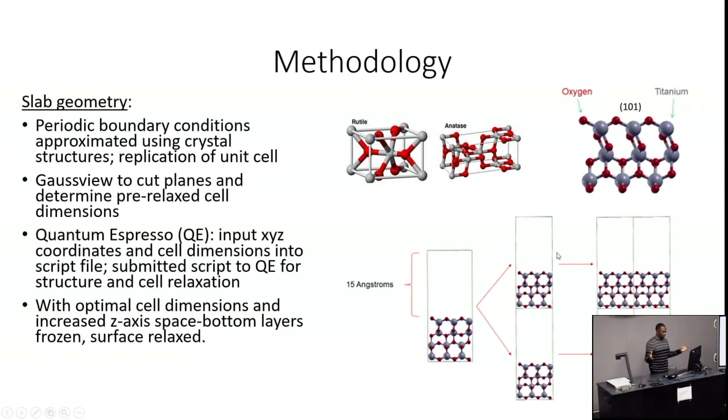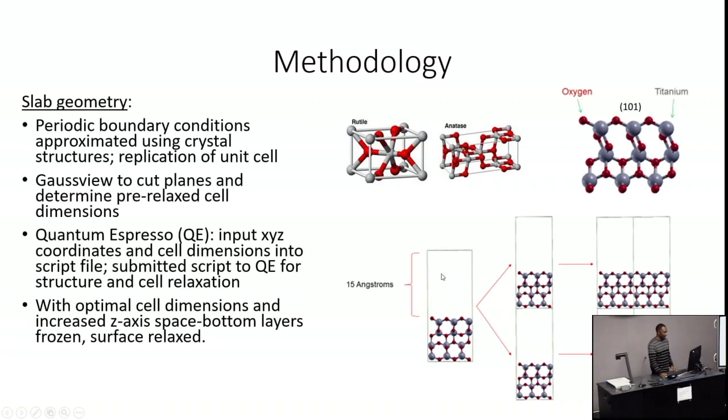So when you think about these type of models, we're using periodic boundary conditions. These slabs or surfaces theoretically run infinitely, and they are separated by about 15 angstroms of vacuum space. When the copper comes in, it goes in here.